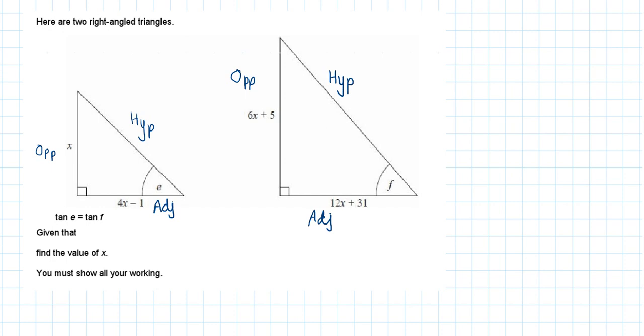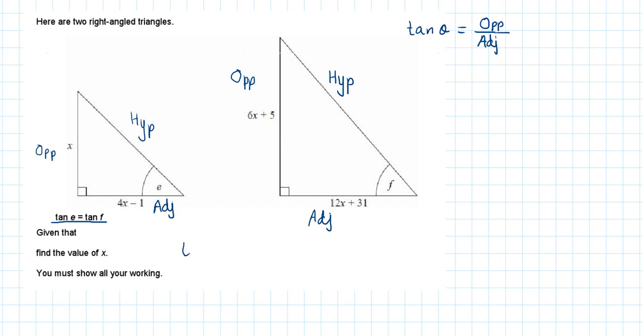Okay, the question says tan E is equal to tan F. Now the tan ratio is opposite divided by the adjacent. So for each of these triangles we're going to do that.